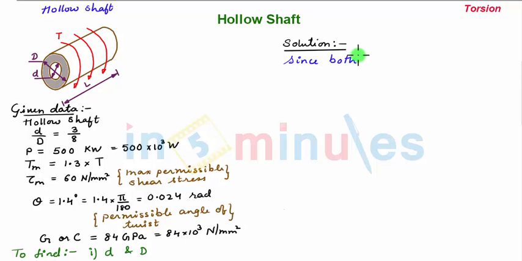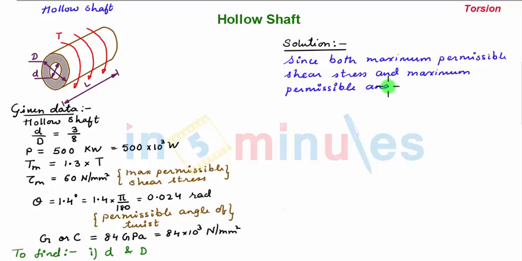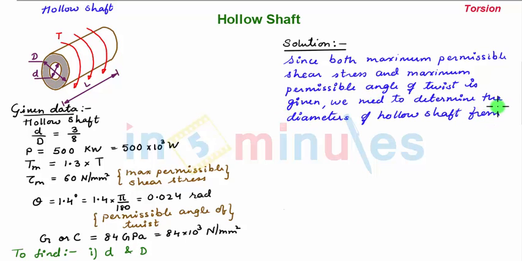Since both maximum permissible shear stress and maximum permissible angle of twist are given, we need to determine the diameters of the hollow shaft from both strength and rigidity criteria.